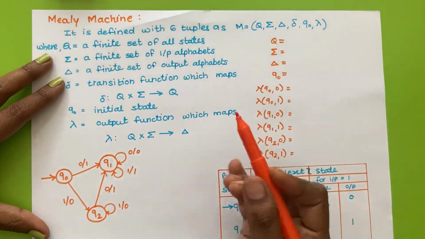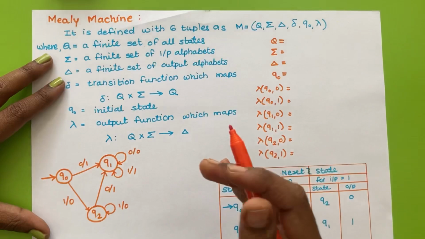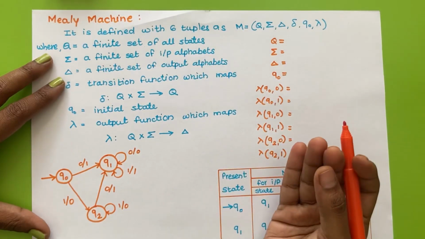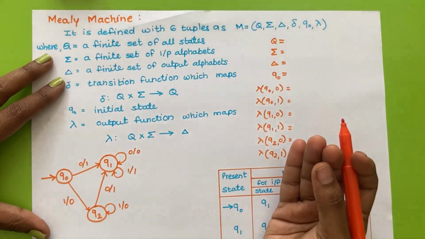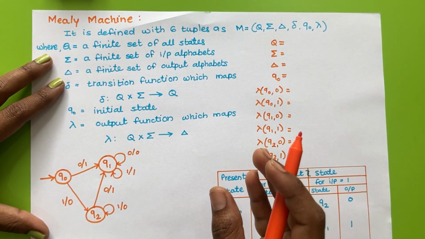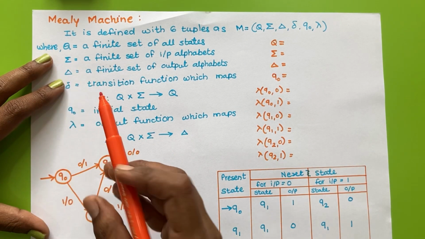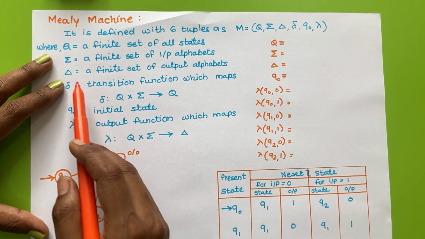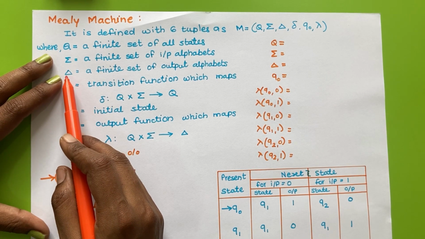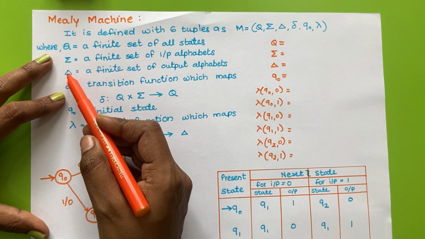If we are converting small case letters into uppercase letters and we have to build a Mealy machine, in that case small case letters will come under the category of sigma and uppercase letters will come under the category of set triangular delta. So that's the difference between sigma and triangular delta.